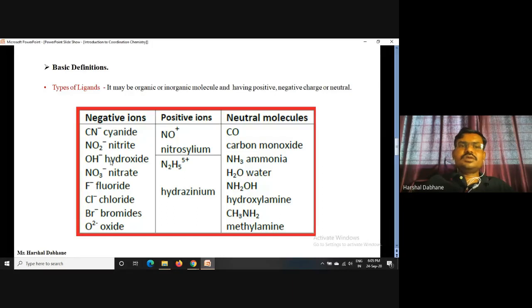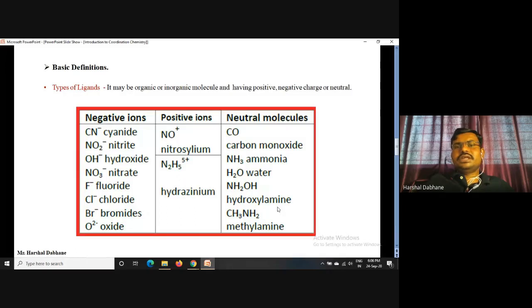These are ligands which have a negative charge, so they are called negative ions or negative ligands. We have some examples of positive ligands, such as nitrosonium, and another is hydrazinium, which is the positive part of hydrazine.